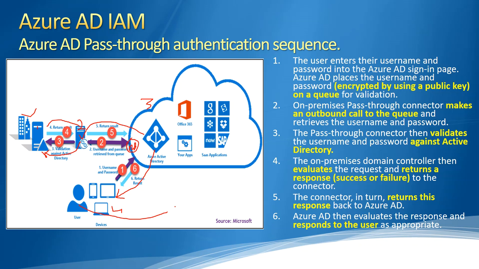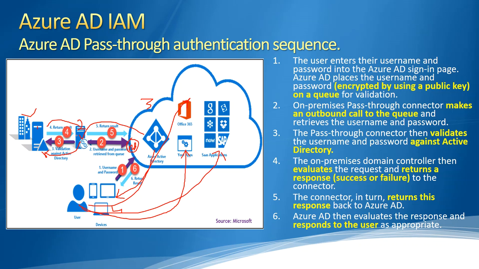Now that user can present that token to any application they're trying to access. It could be O365, it could be your custom app, or any third-party application which is integrated with Azure AD. So essentially, what we saw here is Azure AD didn't make any inbound call to your on-premise infrastructure.